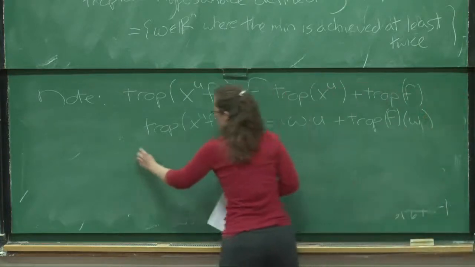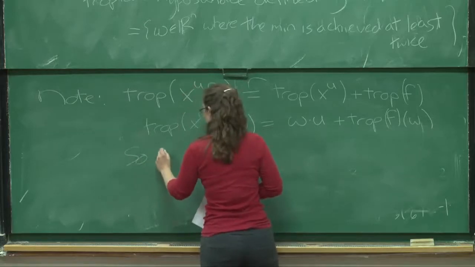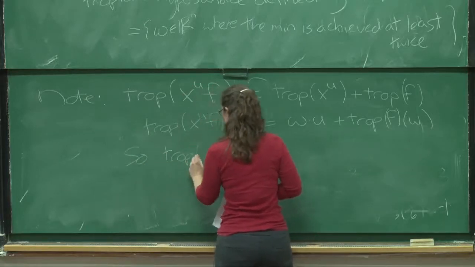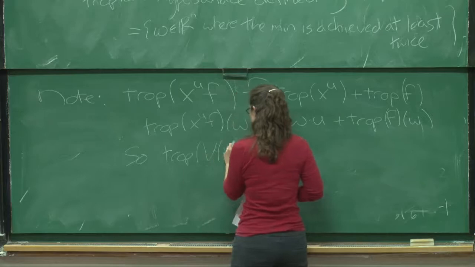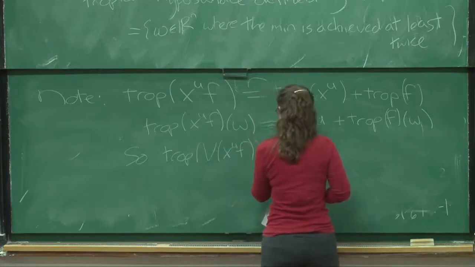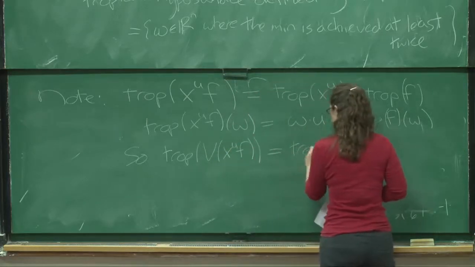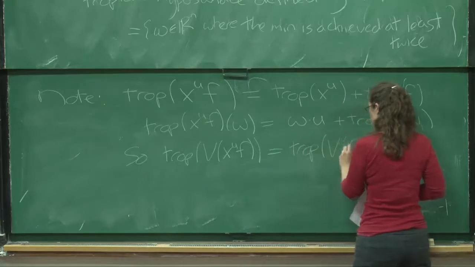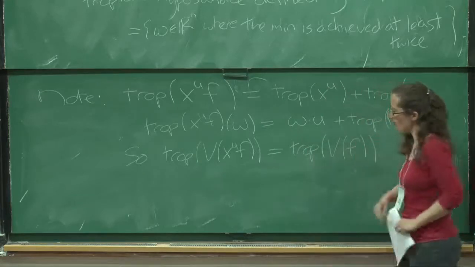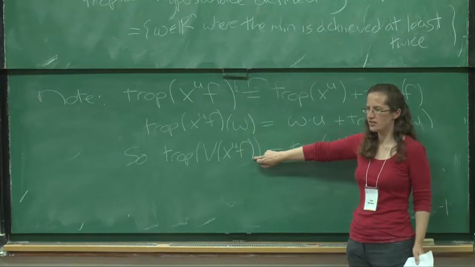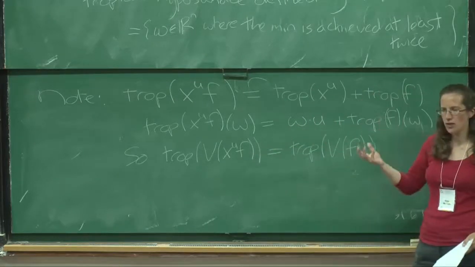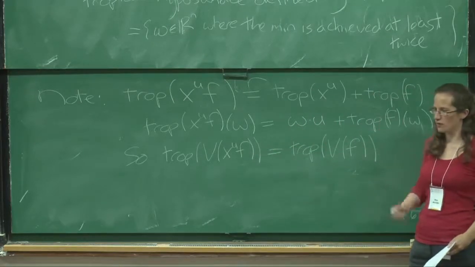Okay, so the tropicalization of the variety of x to the u times f equals the tropicalization of the variety of f. Okay, because remember our definition here is tropicalize the polynomial, take the tropical hypersurface.